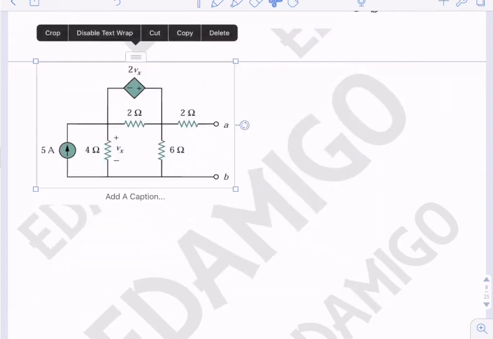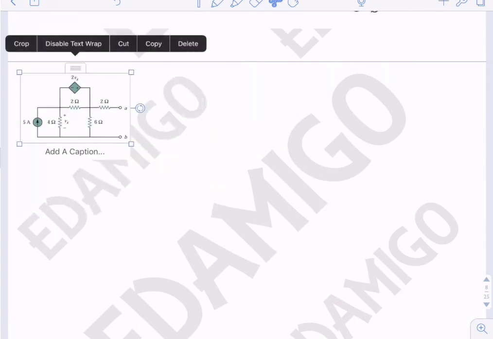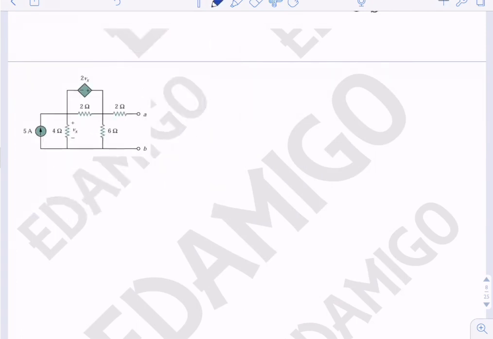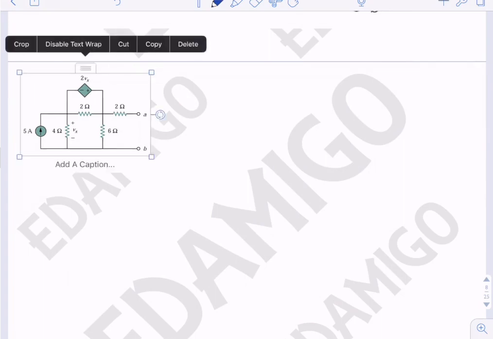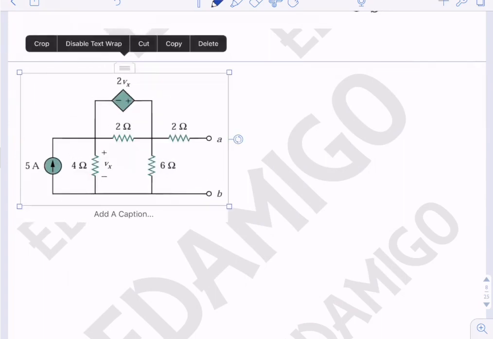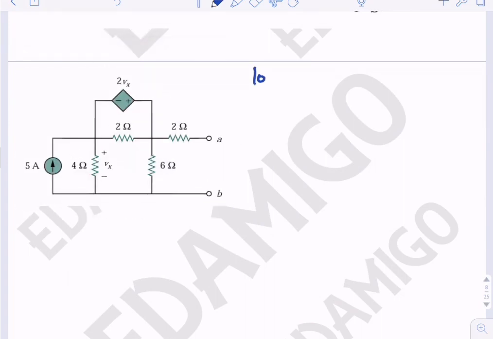We have to find the Thevenin equivalent between terminals A and B. First of all, to find VTH, we simply find the open circuit voltage between terminals A and B. So VAB is equal to question mark. Now let's solve the question.